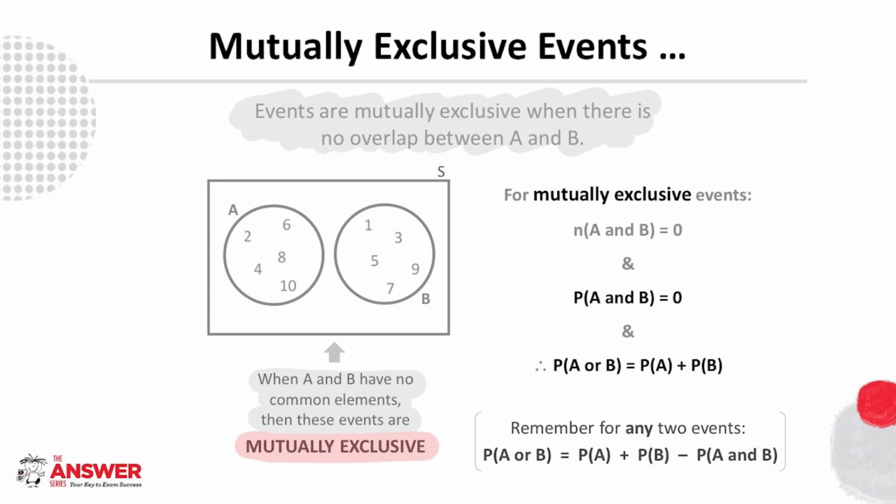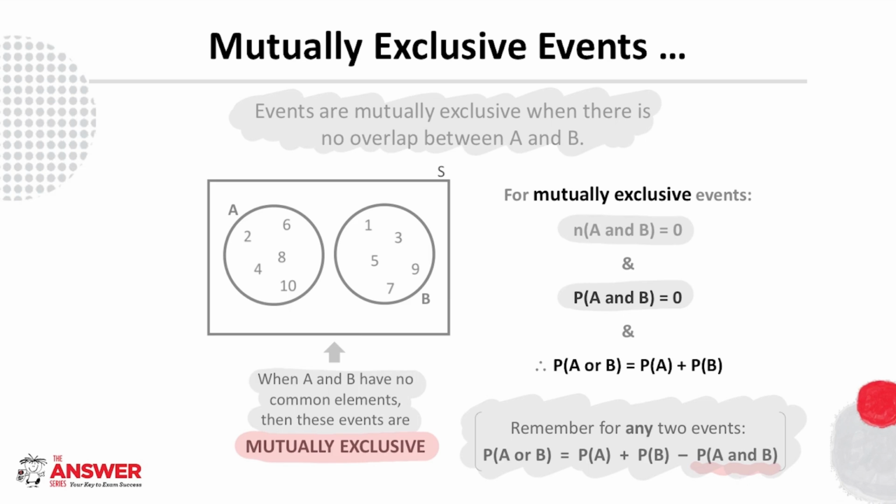So if we follow this logic, we can see the following to be true. For mutually exclusive events, the number of elements in the intersection of A and B is 0, which means the probability of A and B is then 0. And so, if we then consider the rule that is true for any two events, we can see that this last bit is 0 for mutually exclusive events.